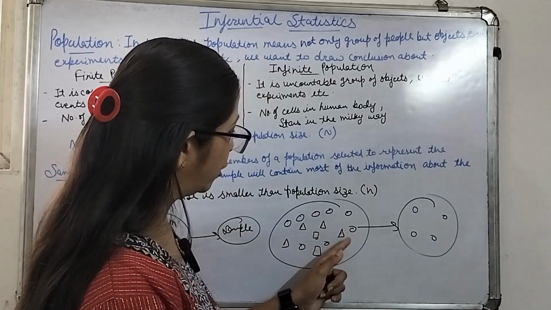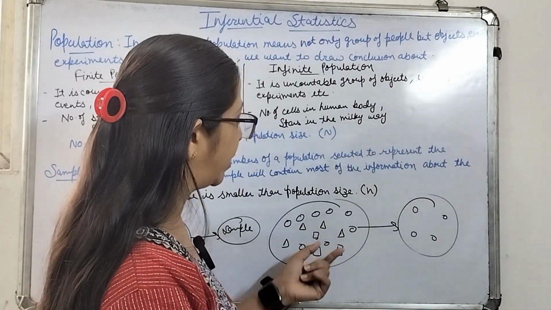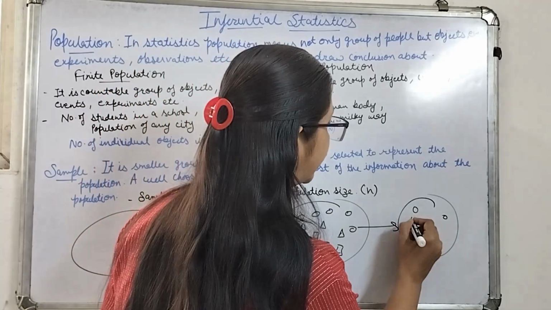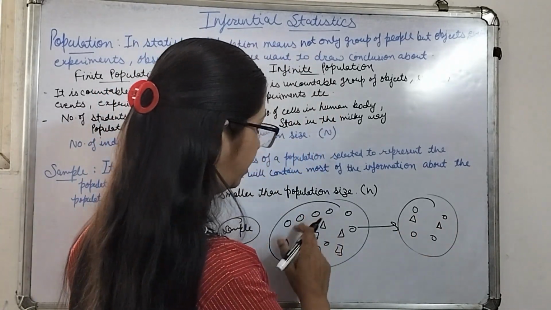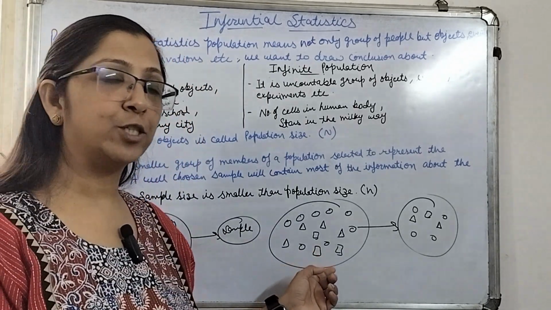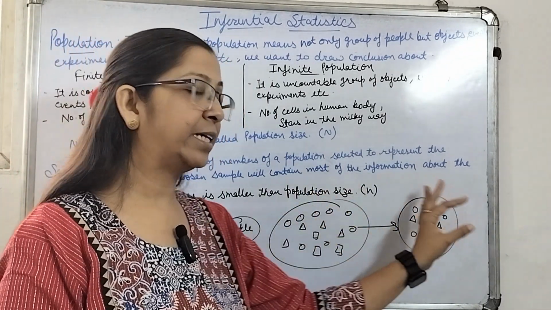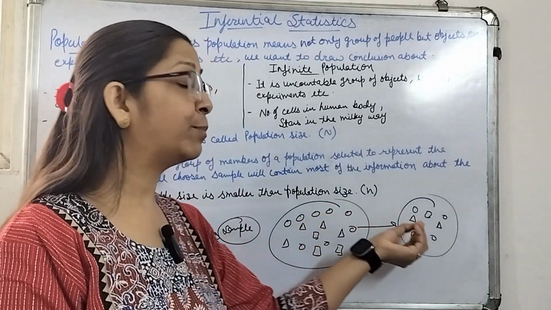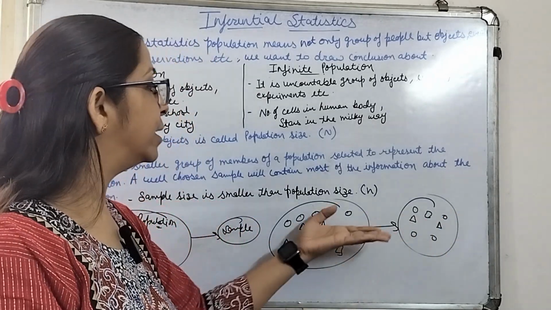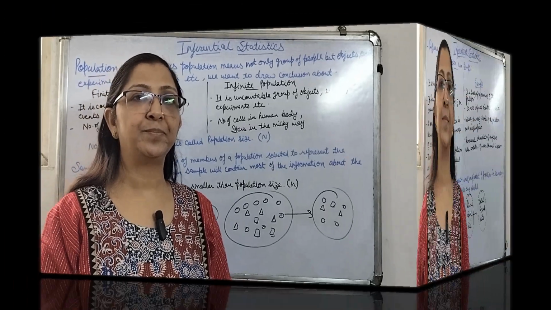The number of triangles is 4 and the number of squares or rectangles is 3, so we select, say, 2 triangles and 1 rectangle or square. If we select more of what is more and proportionately less of what is less, then it will be a better selection of the sample.